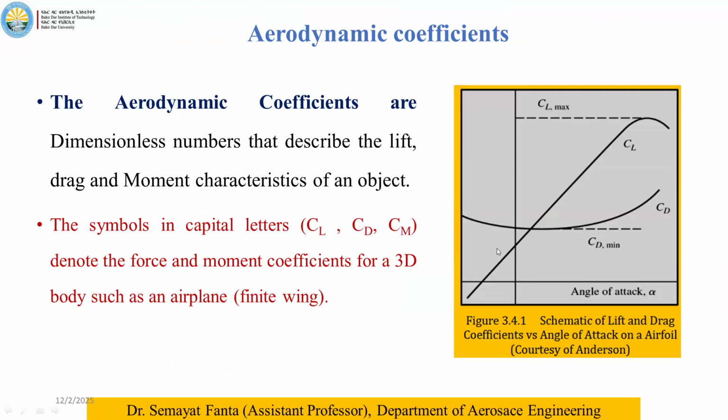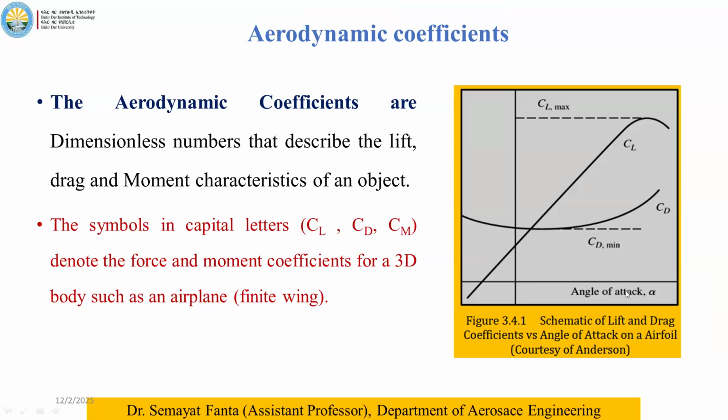When we talk about CL, it is the lift coefficient. So how can we determine lift coefficient, drag coefficient, moment coefficient? For that, let's see the CL versus alpha graph. This vertical line indicates the CL line, and this horizontal line indicates the angle of attack, or alpha, line.